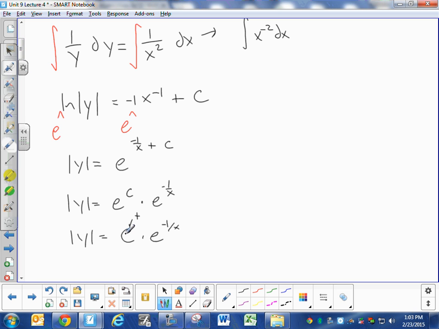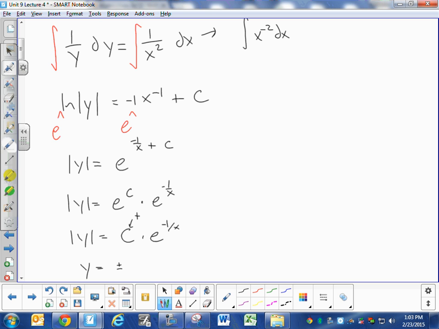If this is positive and this is positive, the y typically is going to be positive. However, if I deal with negative y's, I can assign this c either positive or negative values and get rid of this absolute.